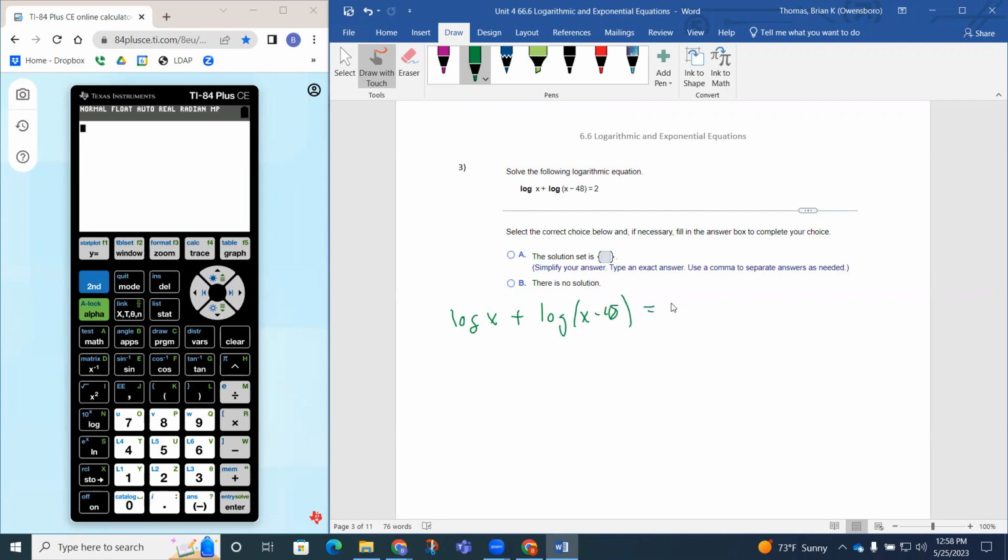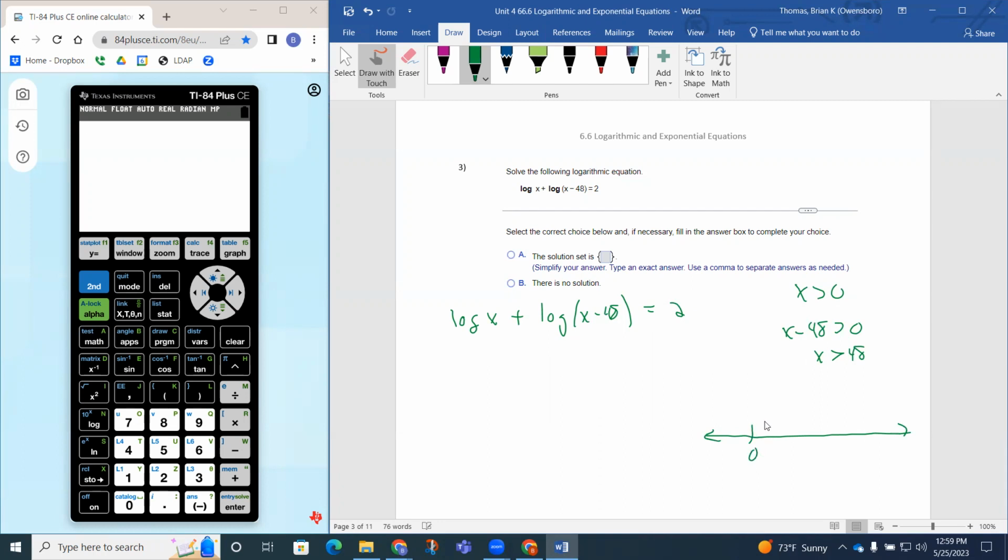equal to 2. So it's a good idea to go ahead and identify the domain restriction here. So notice how this x has to be greater than 0. Then also x minus 48 has to be greater than 0, which means x has got to be greater than 48. So if I look at this on a number line, you have to meet both conditions.